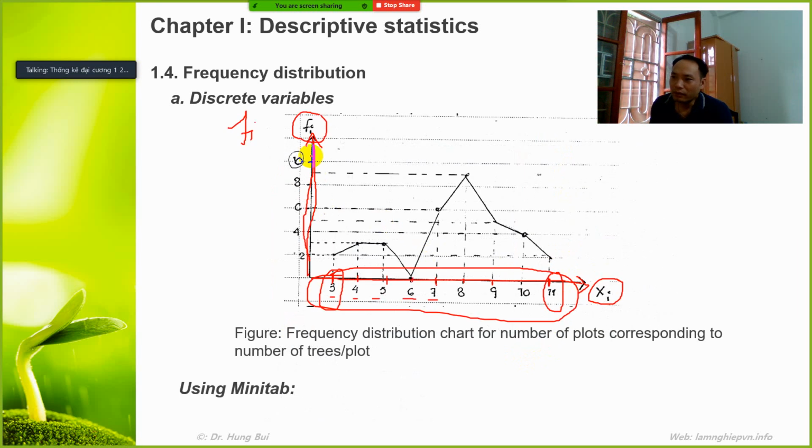So now we draw this one. Minimum is 0 here. 0 is easy. But maximum is 9. So you can choose 9 here, and then you divide into equal intervals.